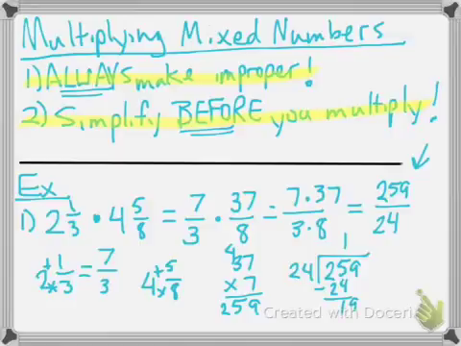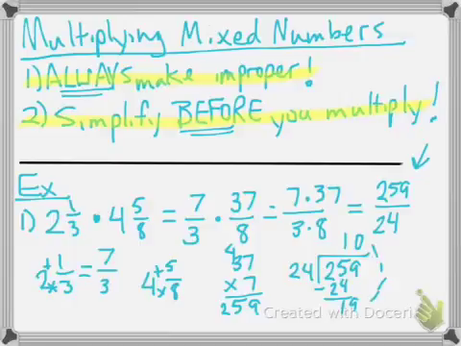Now 24 doesn't fit into 19, and I've already brought down my next digit, so I have to put a 0. Now I could continue and try to do decimals or something like that, but that's not my goal. My goal is to make a mixed number. At this point, I'm finished with my division. I have a remainder of 19, and I'm going to put 10 and 19 over 24.